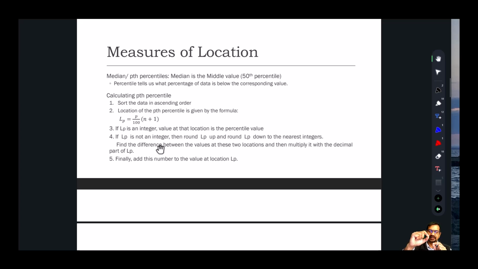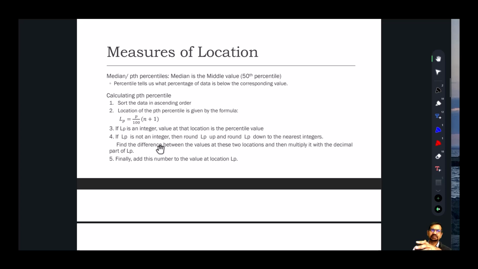And because our location is 11.4, it is 40% of the way in between the 11th and 12th value. So this difference that we get between the 12th and 11th value, we'll multiply it by 0.4. So for 11.4, that means the 11th value plus 0.4 of the distance between the 11th and the 12th value will give us our relevant percentile.